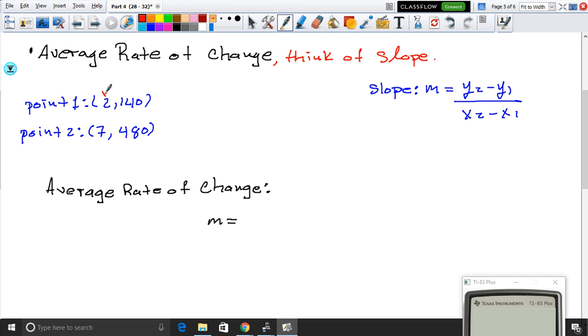Let's call this x1, this y1, this x2, and this y2. So all we have to do is plug that in. So y2, which is 480, minus y1, which is 140, over x2, which is 7, minus x1, which is 2.